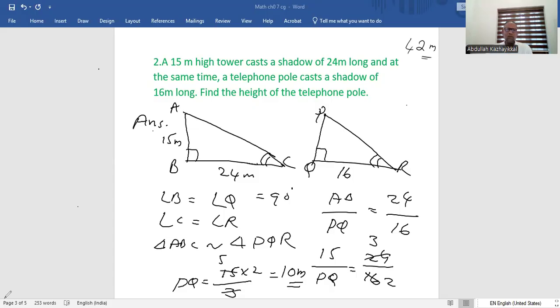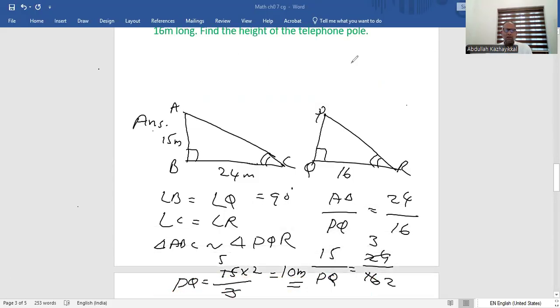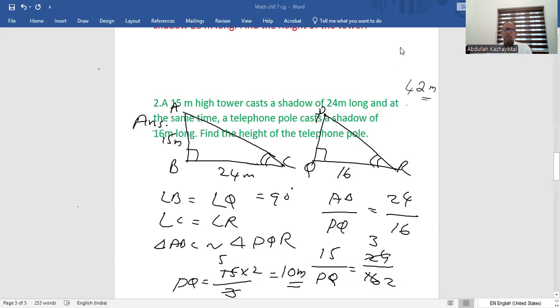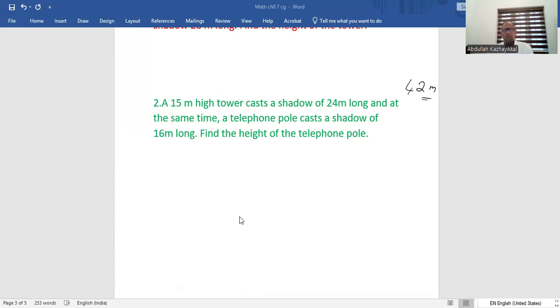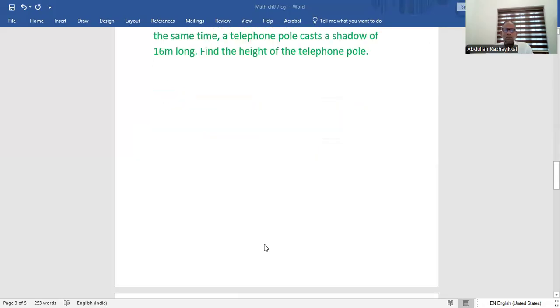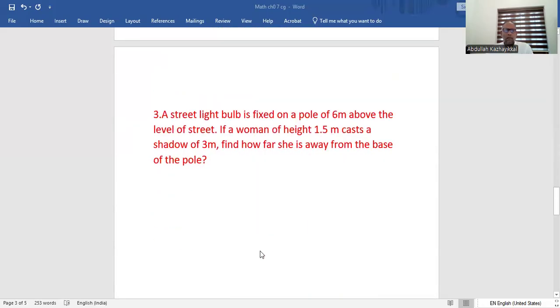Now check the next question, please. A street light bulb is on a pole 6 meter above the level street.